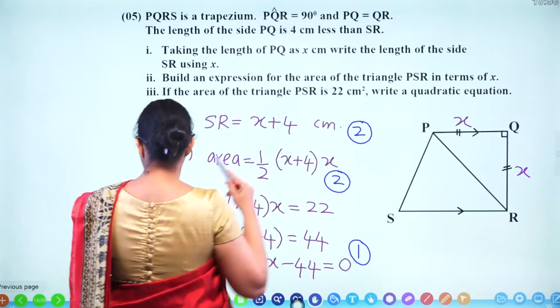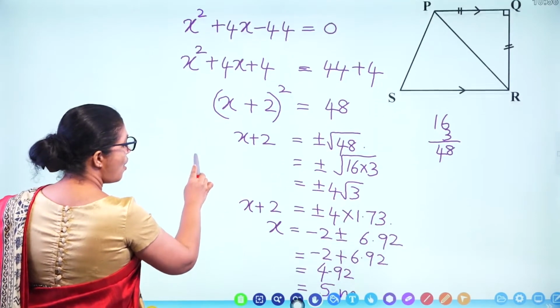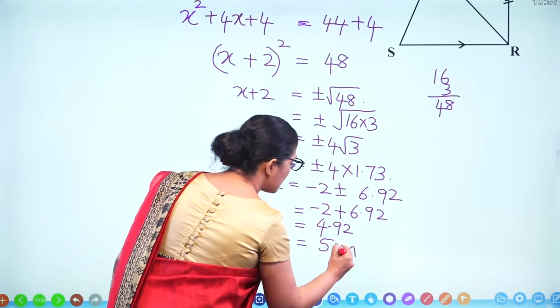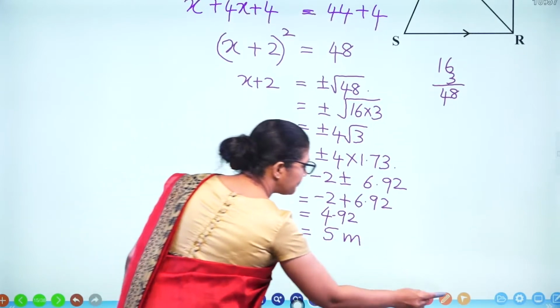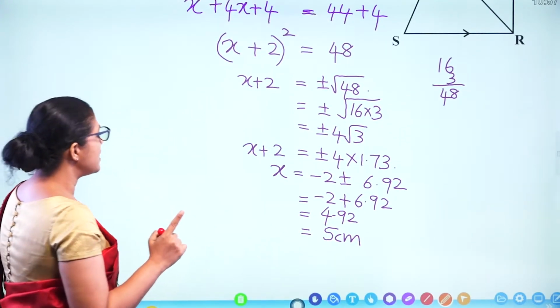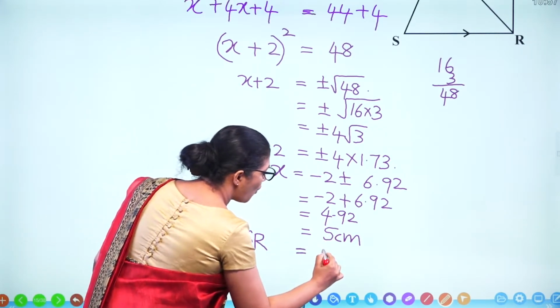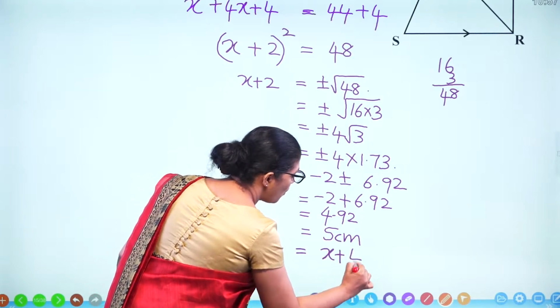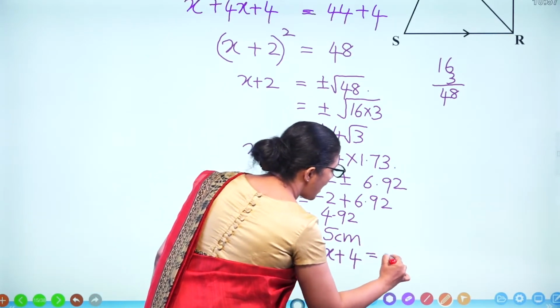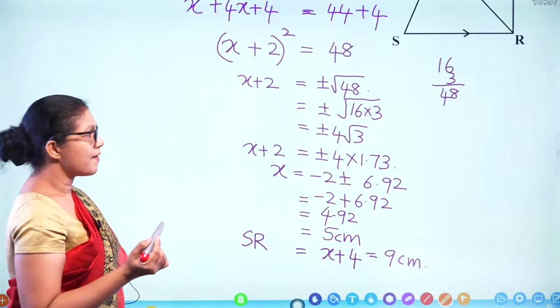Centimeters, because this is in centimeters. So this value is in centimeters. 5 centimeters. So what is SR then? SR becomes x plus 4. x plus 4, that means 5 plus 4, 9 centimeters. So that's the length of SR.